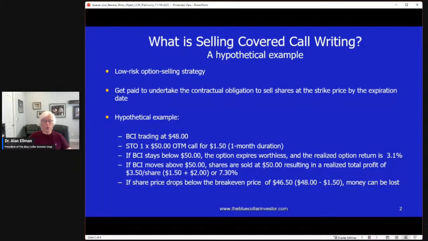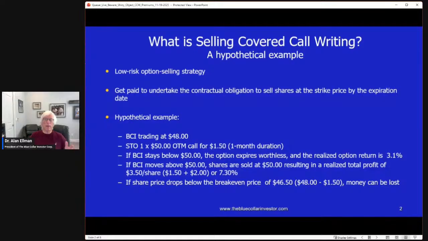Well, we made $1.50 per share on the option premium, another $2 per share, 48 to 50, on the stock appreciation. If it goes higher than 50, we don't participate in that because we're contractually obligated to sell at 50. Total $3.50 per share, which represents on a $4,800 cost basis, a 7.3% 1 month return.